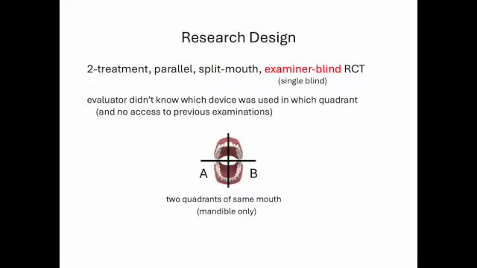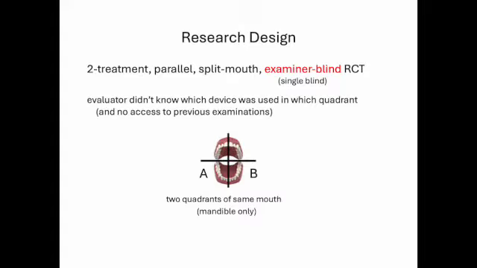Examiner blind means that the person who's taking the clinical measurements doesn't know what interproximal device was used where they're doing the measurements. And beyond that, they also didn't have access to previous examinations. They examined on multiple occasions, so they couldn't look at the past. This is a really nice way to reduce possible bias.